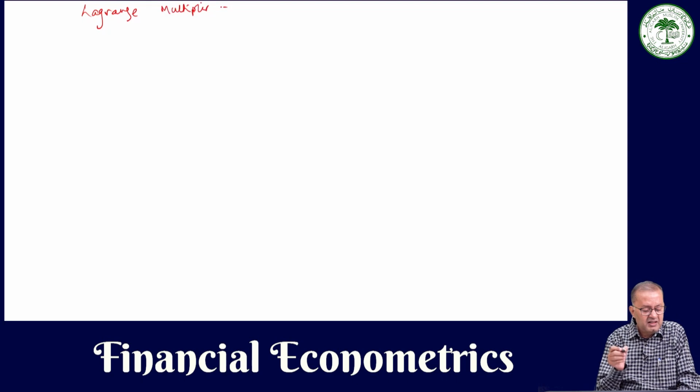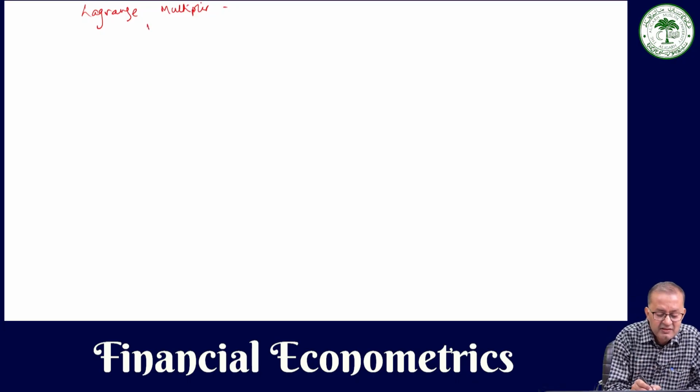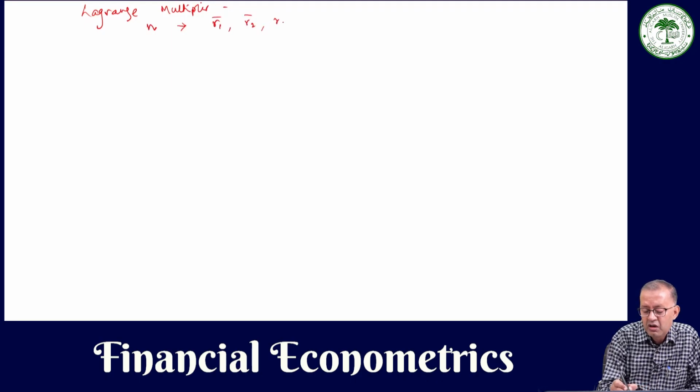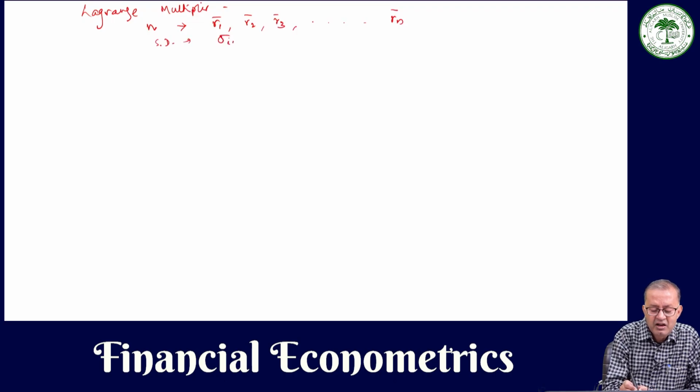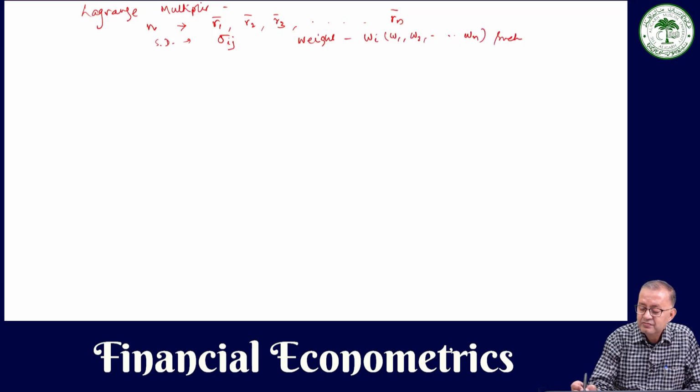What is this? In the last lecture we had already derived that if n assets are there, with returns R1 bar, R2 bar, R3 bar and Rn bar, with standard deviation denoted by sigma, variance covariance sigma ij, and the weights denoted by Wi, meaning W1, W2, Wn, such that sigma Wi is equal to 1.